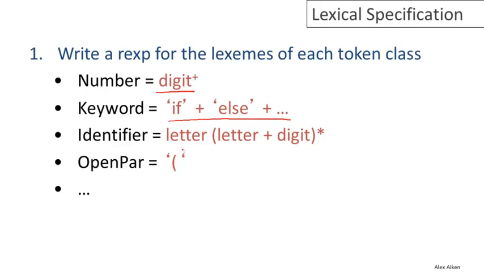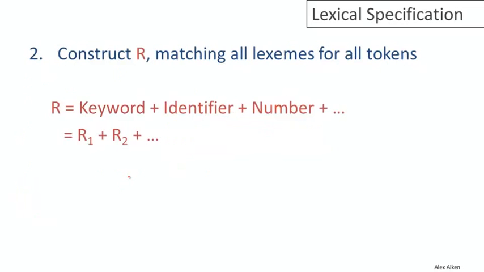We will have some category perhaps of identifiers, the definition we talked about last time: sequences of letters or digits that begin with a letter. And then we'll have a bunch of punctuation, things like open parens, closed parens, etc. So we write down a whole set of regular expressions, one for each syntactic category in the language. That's the starting point for our lexical specification.